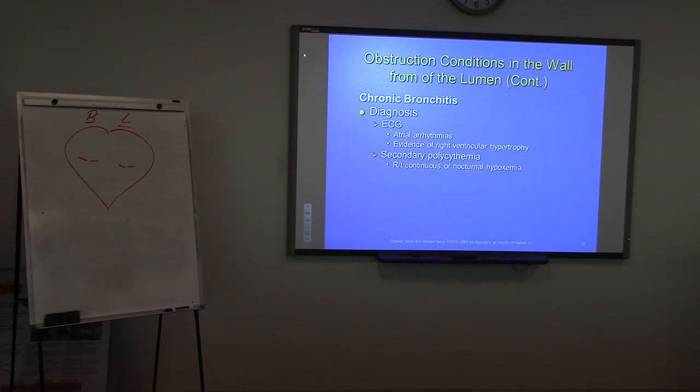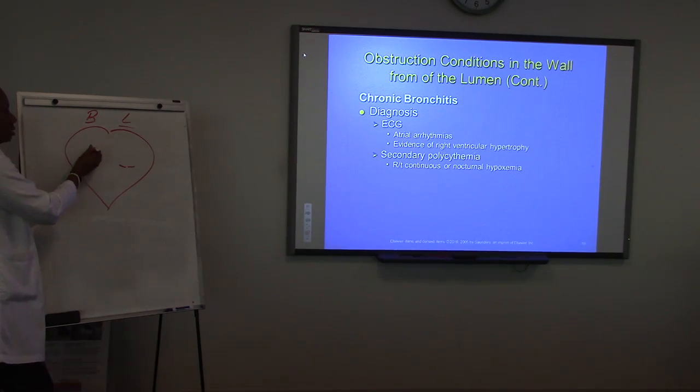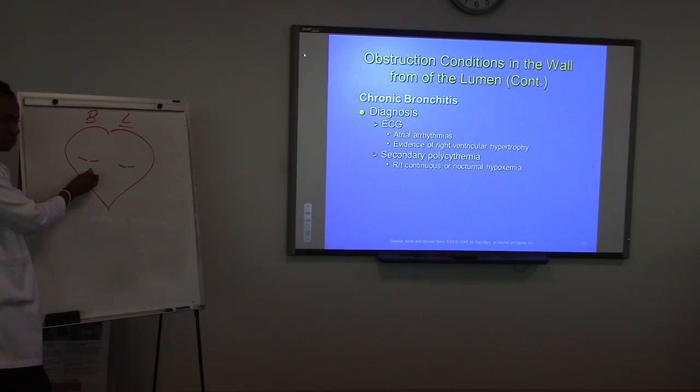Now, they have something called atrial arrhythmias. Okay, so when we talk about atrial arrhythmias, this is the issue. Blood in the right atria is trying to move forward to the right ventricle. Okay, however, blood is backing up. Okay, so blood is all in the right ventricle here, and it's just taking up space.